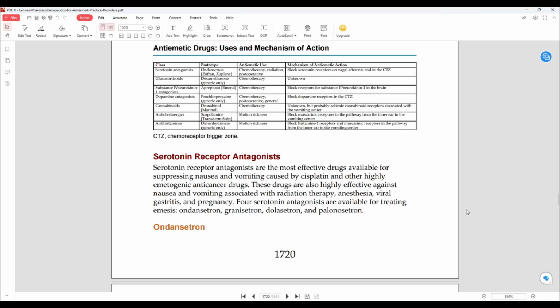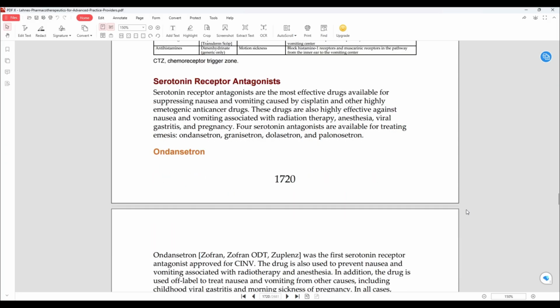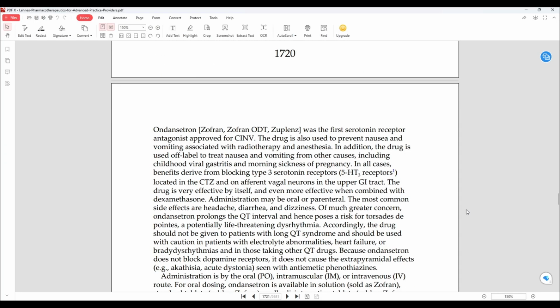These drugs are also highly effective against nausea and vomiting associated with radiation therapy, anesthesia, viral gastritis, and pregnancy. Four serotonin antagonists are available for treating emesis. The big ones are ondansetron or Zofran, granisetron, dolasetron, and palonosetron. We'll jump into the first, ondansetron.